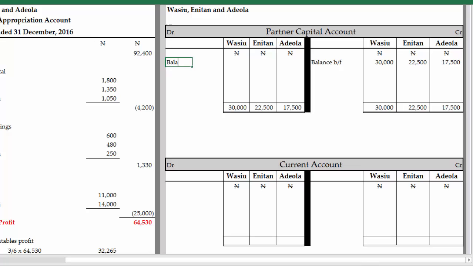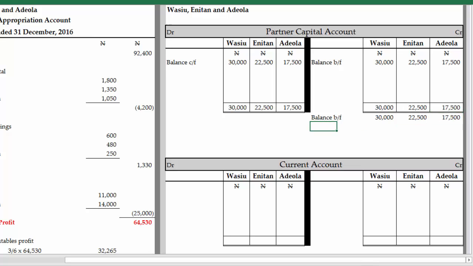So the balance carried forward will be 30,000 for Wasiu, Enitan is 22,500 and Adiola is 17,500. So the two sides will balance. So the balance brought forward in the next reporting period, Wasiu is 30,000, Enitan is 22,500, Adiola is 17,500.